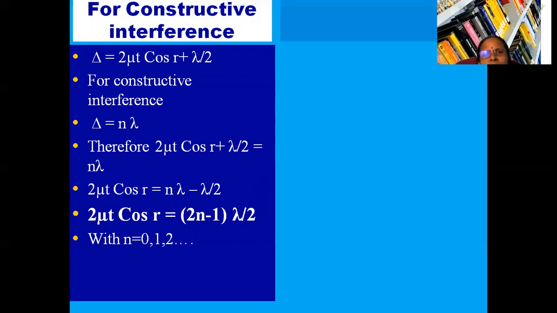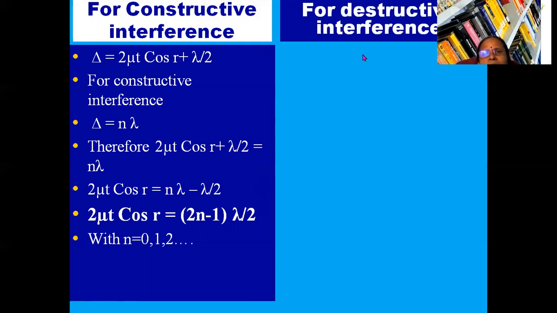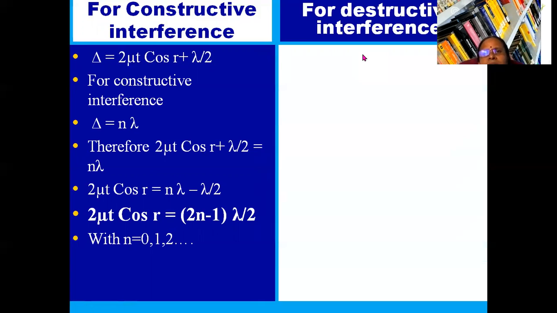What is destructive interference? When the dark film is produced or zero intensity is produced, then we say that destructive interference is created, and again we will calculate the condition for destructive interference. We have calculated the path difference between the interfering rays, that is equal to 2 mu T cos R plus lambda by 2.